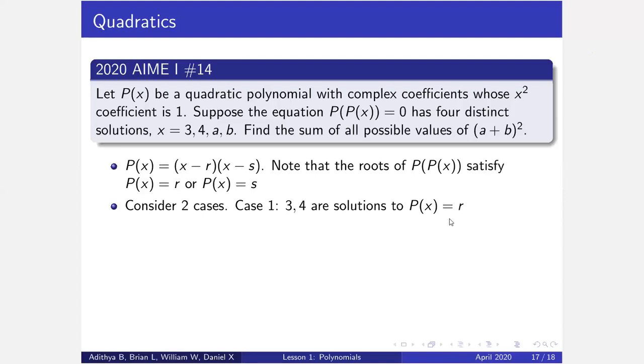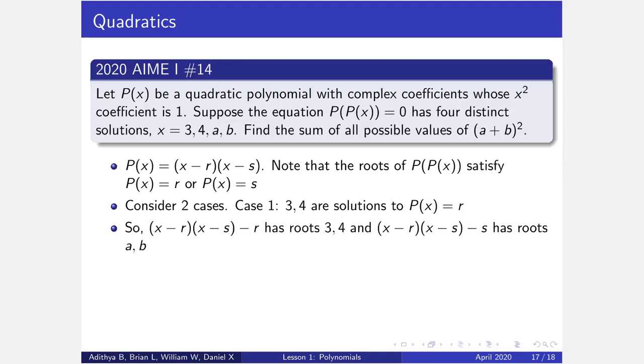So a and b are the roots of the other quadratic, the roots of x minus r times x minus s is equal to s. So let's take a look at the first one. 3 and 4 are roots of x minus r times x minus s is equal to r.